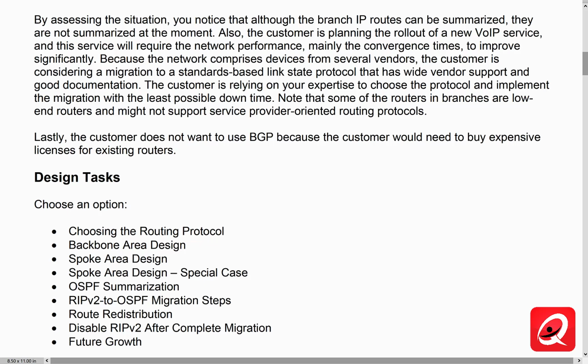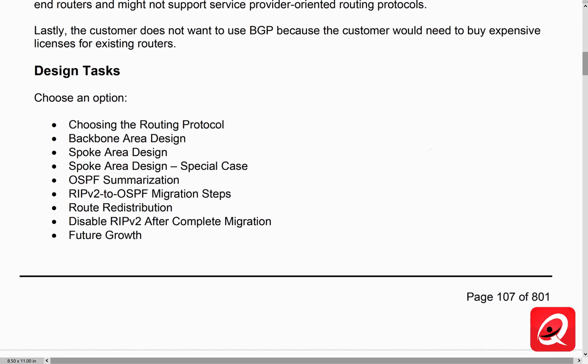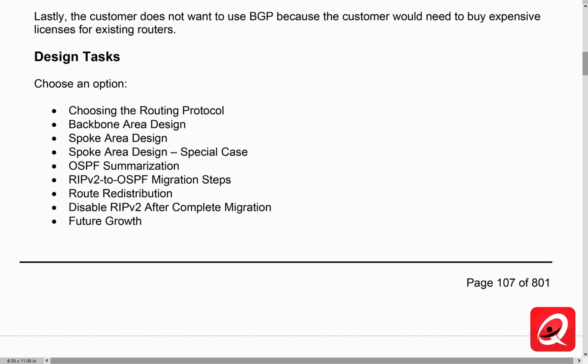Note that some of the routers in the branches are low-end routers and might not support service provider-oriented routing protocols. So again, they're trying to get us to this idea that we're going to use OSPF as our routing protocol. Lastly, the customer does not want to use BGP because the customer would need to buy expensive licenses for their existing routers.